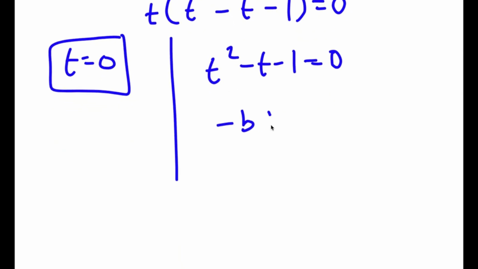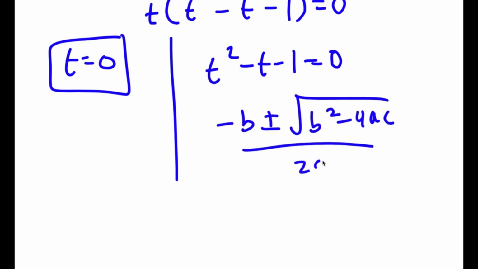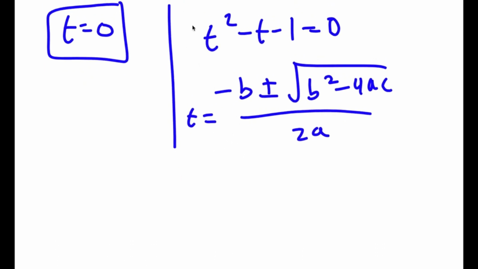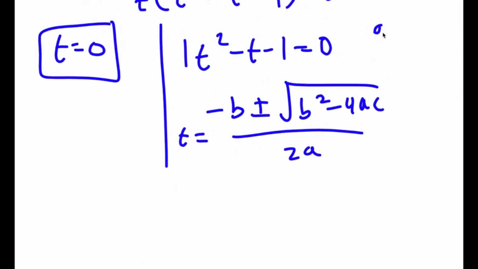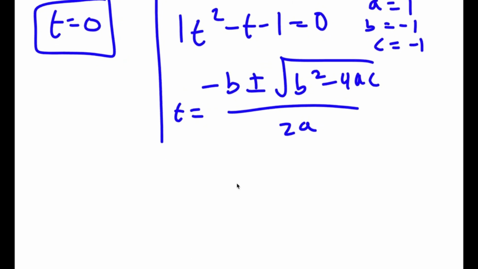So to solve t squared minus t minus 1 equals 0, all I have to do is plug this into the quadratic formula, which is negative b plus or minus the square root of b squared minus 4ac all over 2a. So in this case, a is equal to 1, b is equal to negative 1, and c is equal to negative 1.